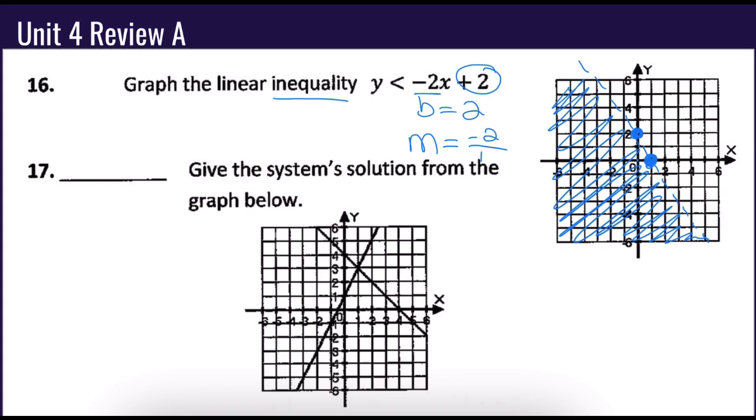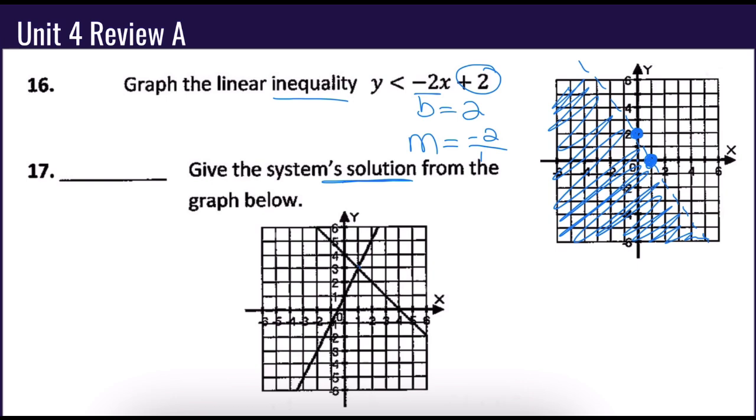17 is one of my favorite questions on the whole test because it looks so complicated. But the solution to the system of equations, if they give it to you as a graph, the answer is simply, where do those 2 lines cross? Where do they intersect?